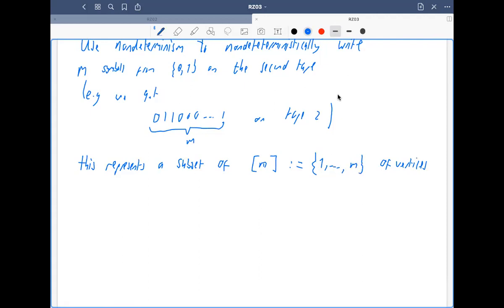Once we've done that, we check to see if the number of ones there corresponds to the number that's written in the binary representation of K. And we check to see if the vertices picked out by this subset are an independent set.